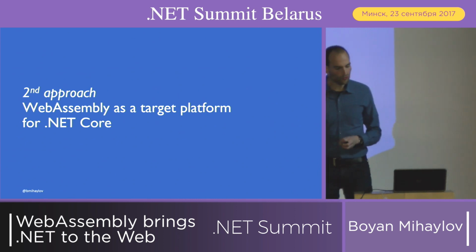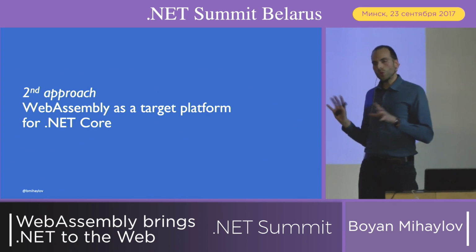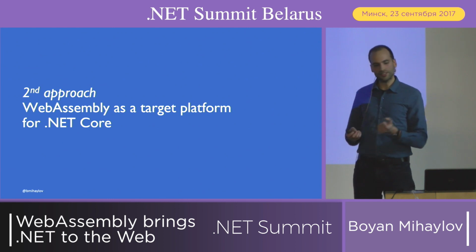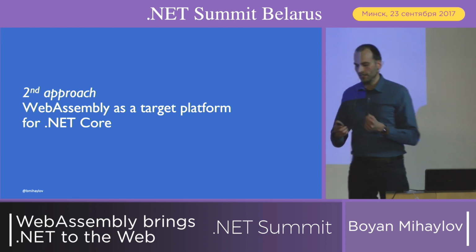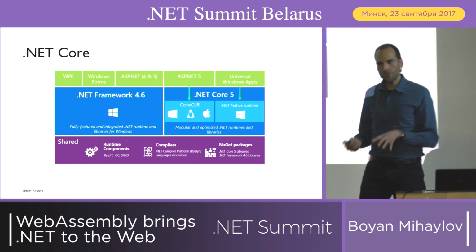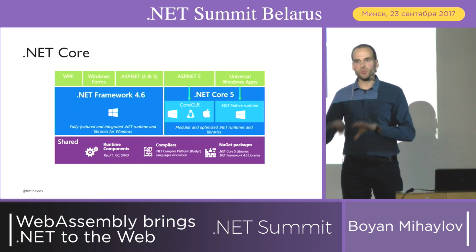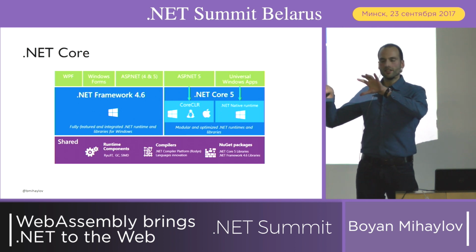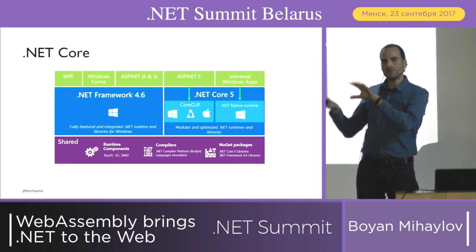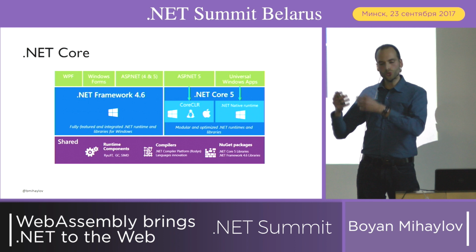Another approach is to add WebAssembly as a target platform to .NET Core. In .NET Core, we now have a huge opportunity to split all these classes into base libraries that we can reuse.